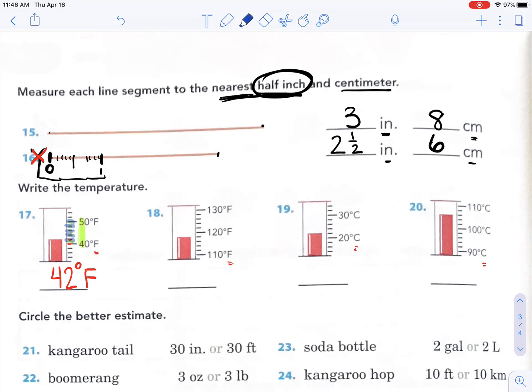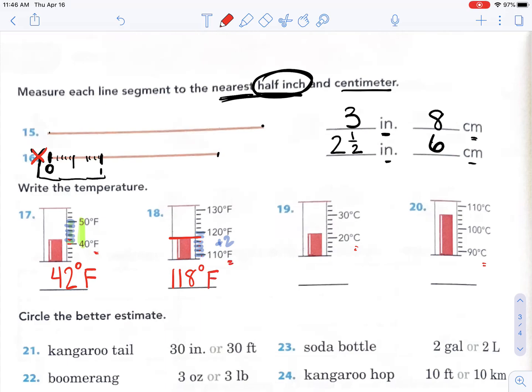Again, this goes up by, let's see, it's 100, 110, 112, 114, 116, 118, 120. These each go up by 2 degrees. So what is the answer here? This one is, what is that? 10, 12, 14, 16, 18. 118 degrees what?